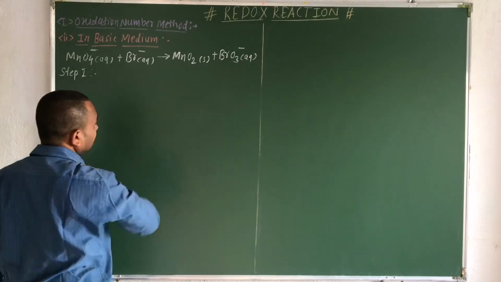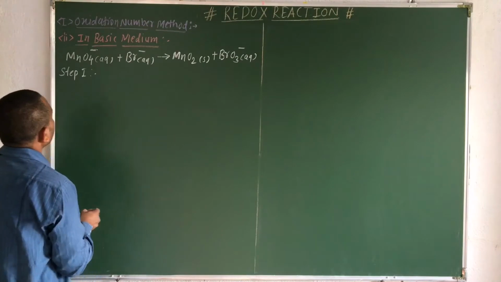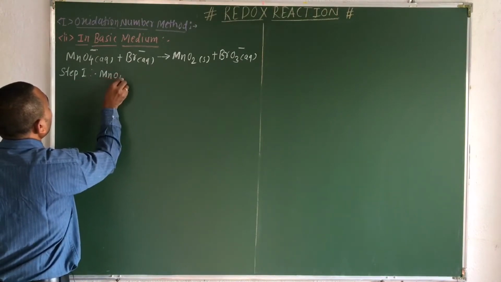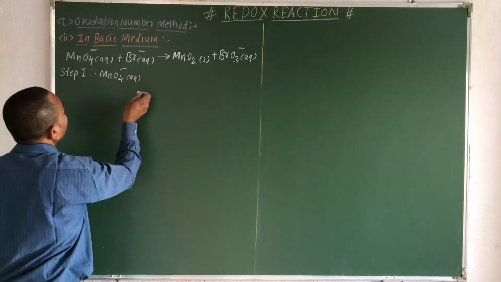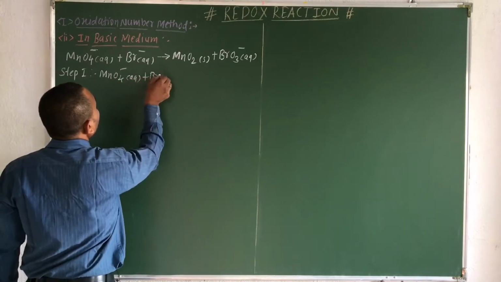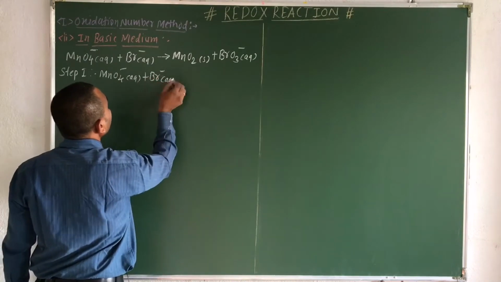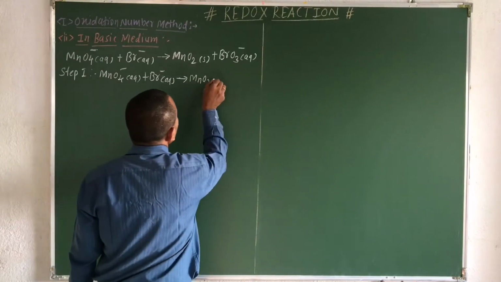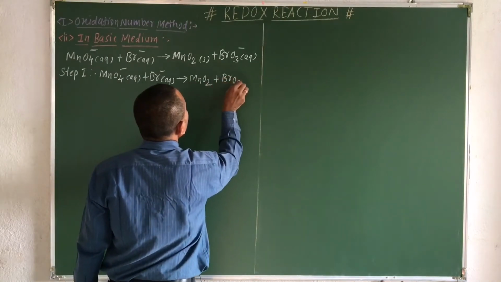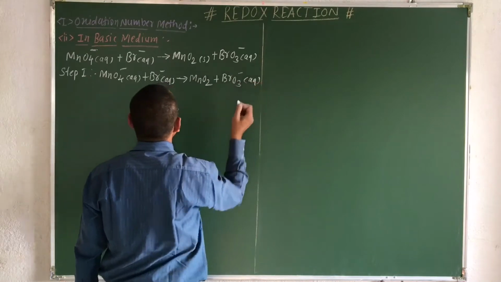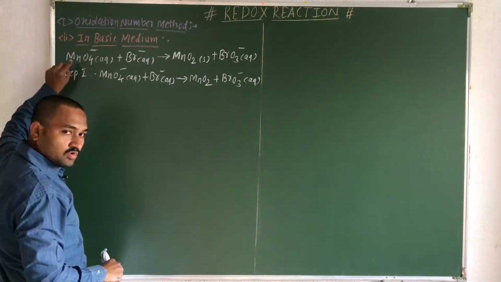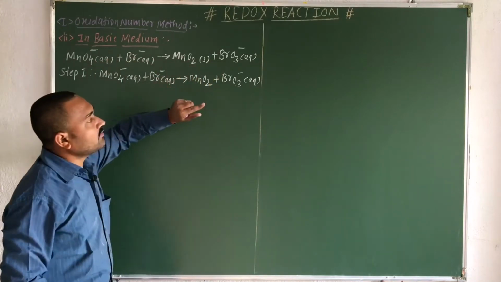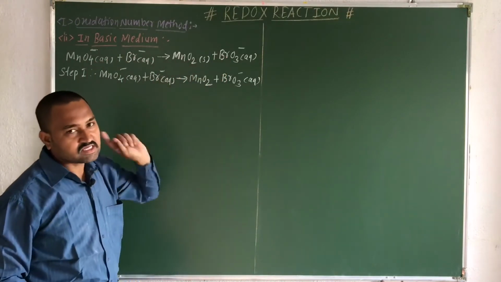Again write this unbalanced equation and assign the oxidation numbers. So again write down MnO4 minus aqueous plus Br minus aqueous gives MnO2 plus BrO3 minus aqueous. As we know, on both sides the Mn atoms are the same and the bromines are the same, and we cannot balance the oxygen atoms in step one.